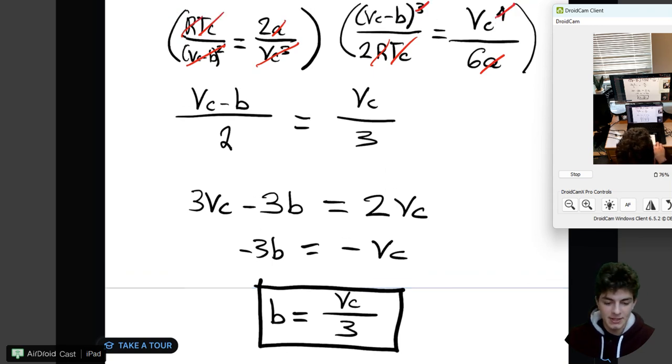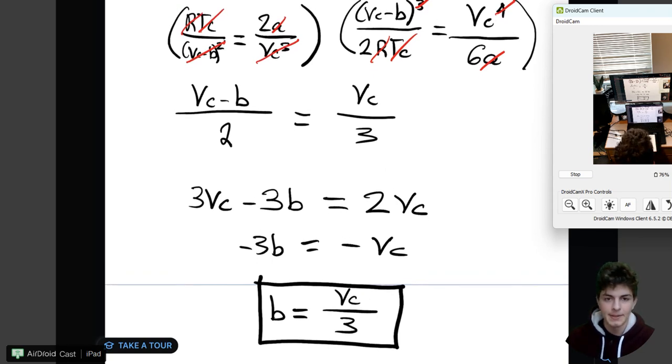Now, if I plug this term for B back into one of our other equations, we can very quickly find a nice term for A in terms of the substance's critical components as well. So let's go ahead and do that.